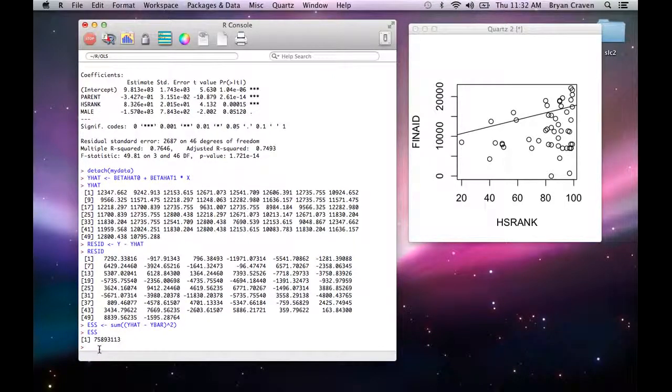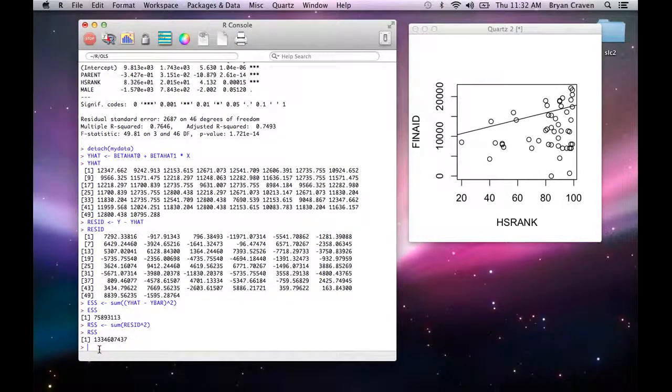And we can also calculate the RSS, the residual sum of squares, by doing the sum of the squared residuals, so resid caret squared. And that is a fairly large number. And finally, the total sum of squares is going to be equal to the sum of y minus y bar, or the mean, quantity squared.